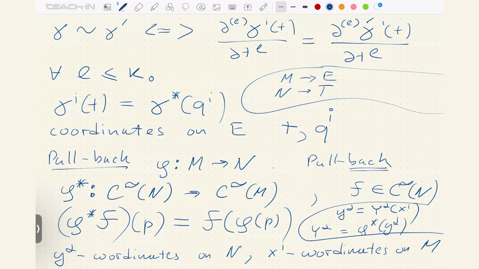It doesn't change time, but it does something to q. So this gamma^i is gamma star of q^i. We apply the pullback map to the target space coordinate functions, and we arrive at the functions determining our map. Is it clear?